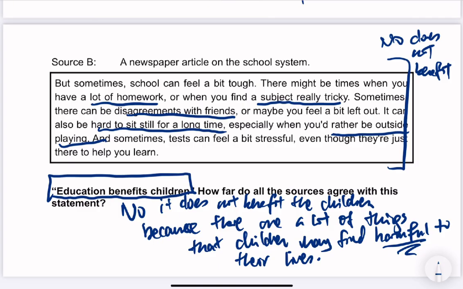In terms of assertion or study all sources, remember, you may have been asked a question about a particular source in the earlier part of the source-based question. But once you hit this study all sources question, you have to look at all the sources from this one angle that they're asking you. And in this case, you're asking, does education benefit the child?